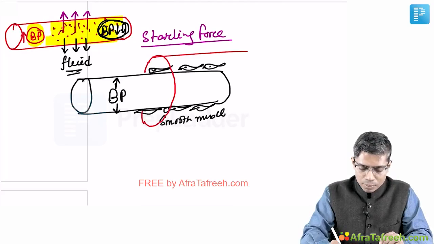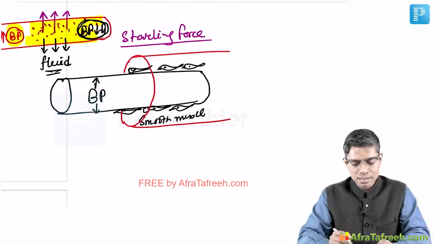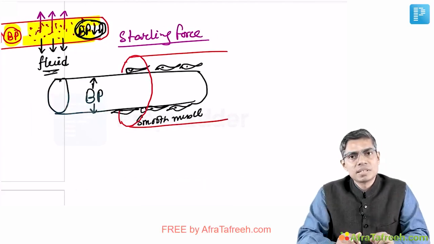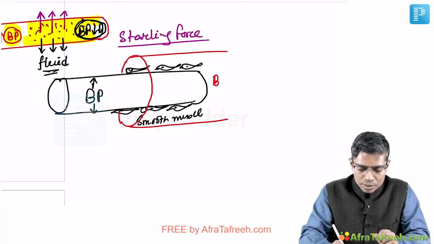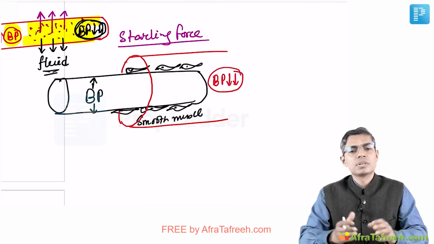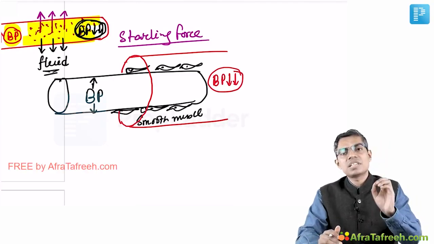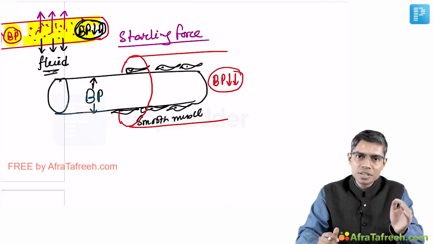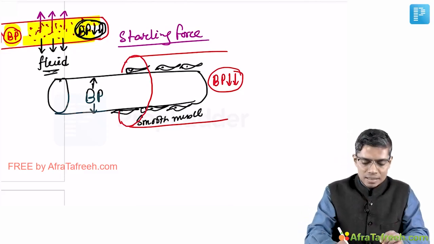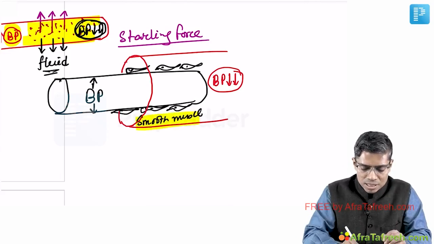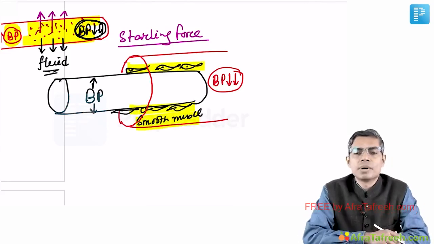So whenever this vessel wall is relaxed, I can understand that the diameter of the vessel is a little bit increased. So what will happen to the blood pressure inside this vessel now? The blood pressure will be reduced because of this relaxation. So this is known as stress relaxation of the vessel. Under stress, the vessel is relaxing, and this is due to the relaxation of the smooth muscle present on the vessel wall.